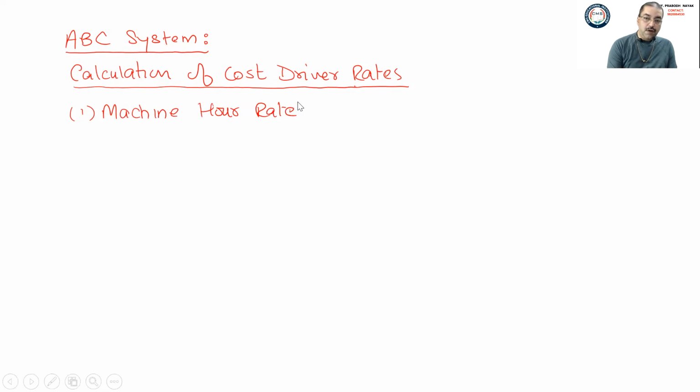Total machine cost is 2,20,000. Total machine hours: go to your question. Machine hours total 5,000 units of L into 3 hours per unit, that makes it 15,000, plus 7,000 units of M into 1 hour per unit is 7,000.